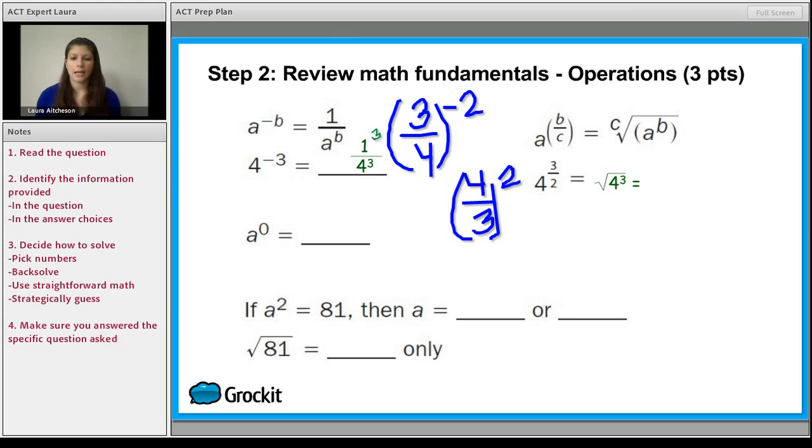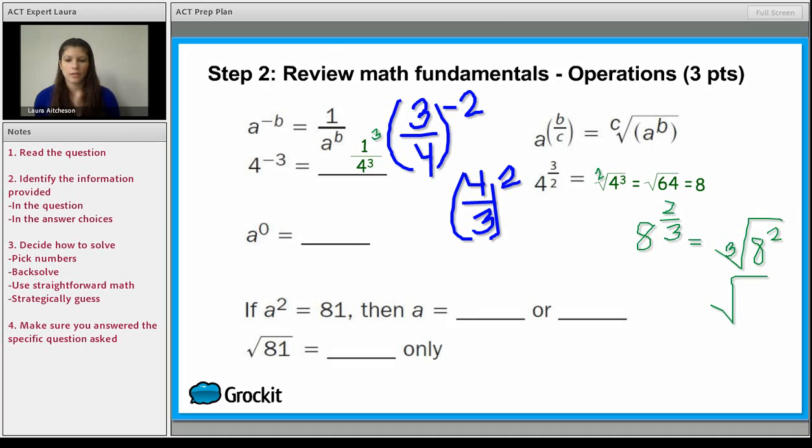So if you had 8 to the 2 over 3, you would have the cube root of 8 squared. The cube root of 8 is 2, and 2 squared would equal 4. So there's another example too for that one.